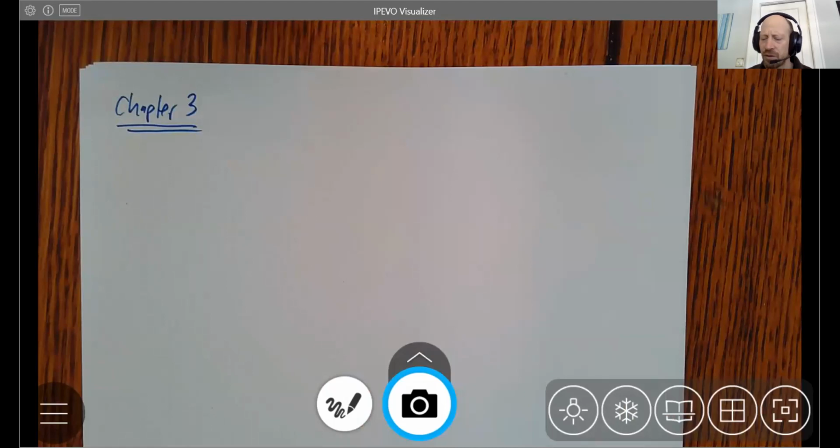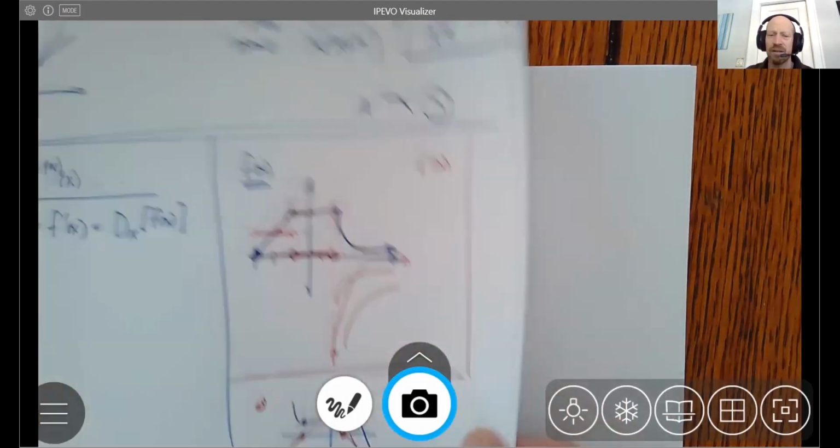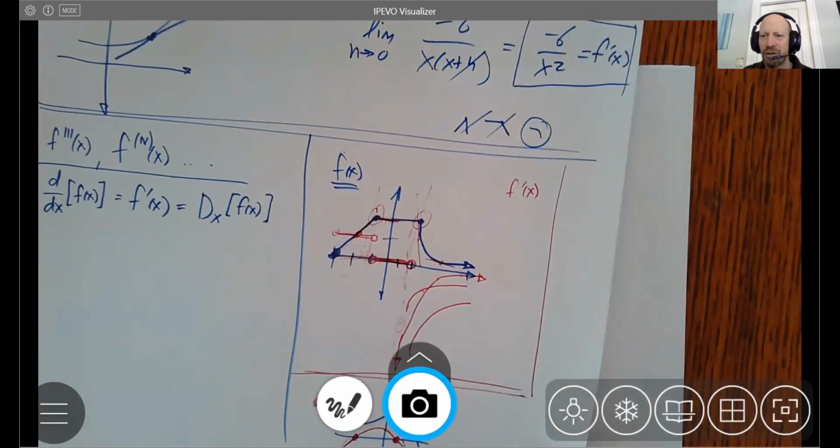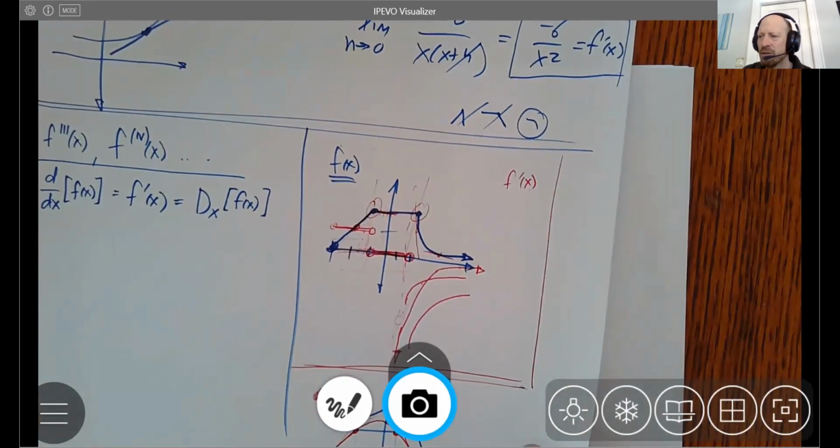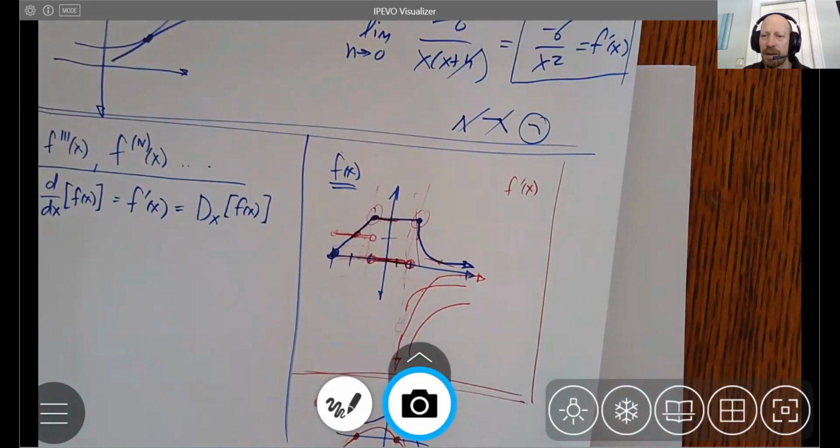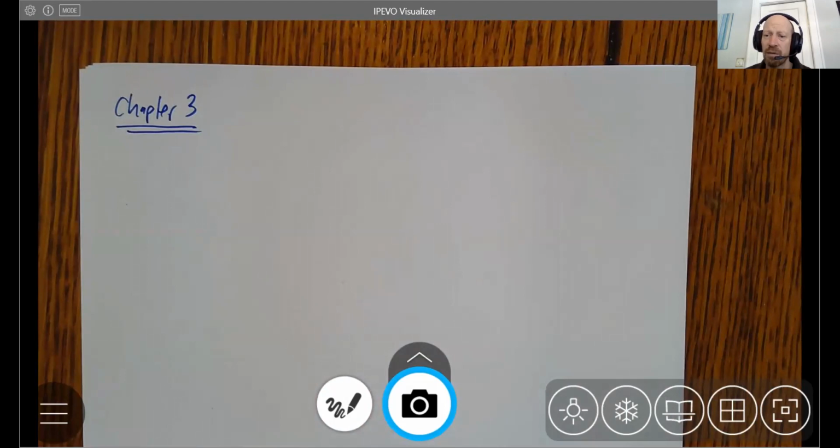Chapter 2 is a little bit of conceptual things, like that last question. We're not really calculating anything, right? We're showing we understand the concept of the derivative. In chapter 3, it's a very procedural type of chapter.